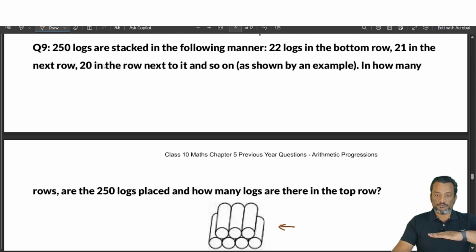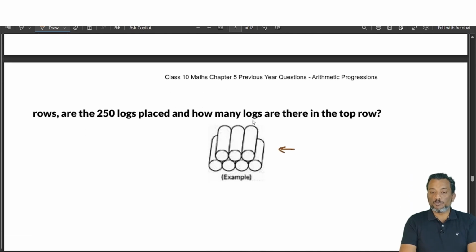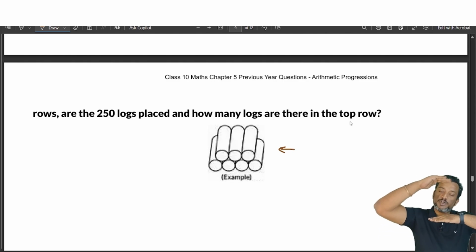So the first row has 22, then the second has 21, then next 20, then 19, and so on. In total, 250 logs are arranged. So it is asking how many logs are there in the top row. If you arrange like this, you get 22, 21, 20, 19, 18, 17, 16, and so on until you get one log.